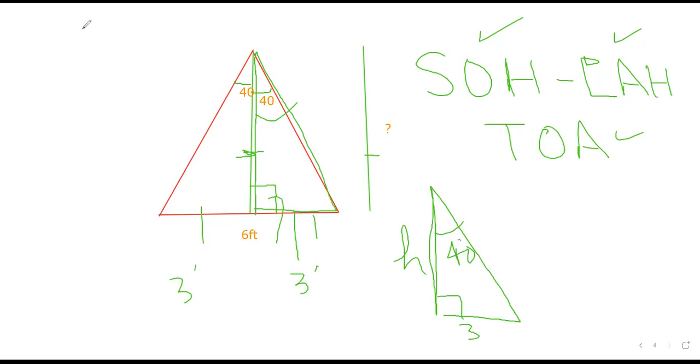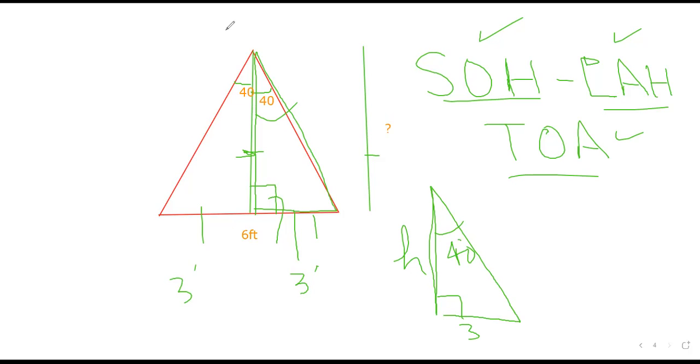We could use this or this? Which one? So we need to find the side adjacent to the 40 degree angle. Sine is opposite to hypotenuse, cosine is adjacent to hypotenuse, tangent is opposite to adjacent.